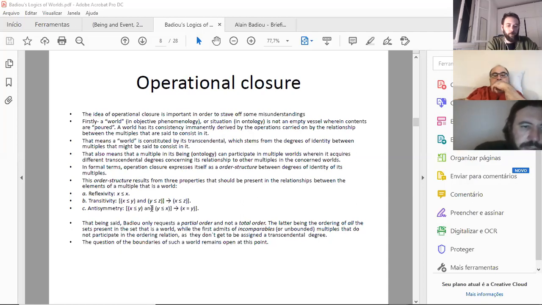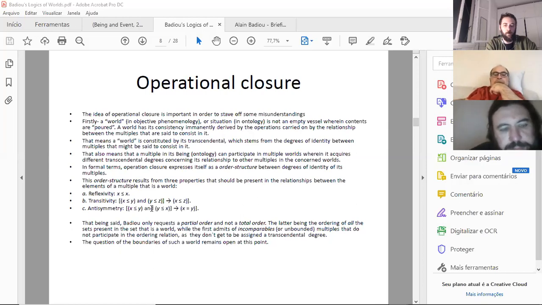This ordered structure results from three properties that should be present in the relationship between the elements of a multiple that is a world: reflexivity, transitivity, and antisymmetry, which is the definition of an ordered structure. If you had symmetry, you'd have equivalence. With antisymmetry, you have an ordered structure, right?